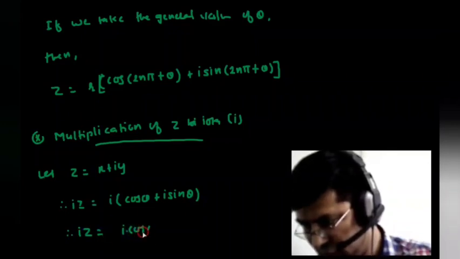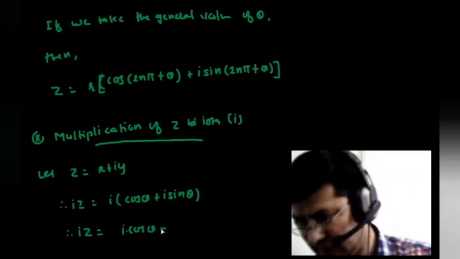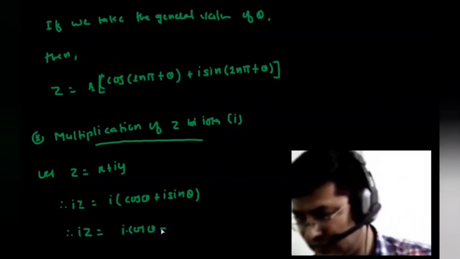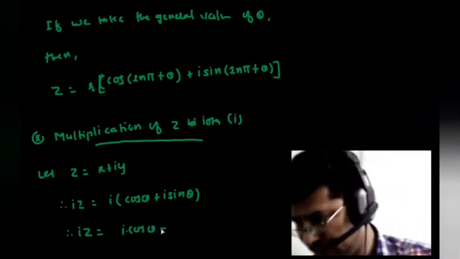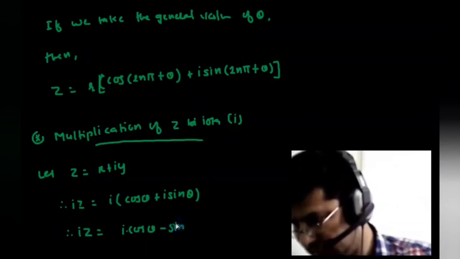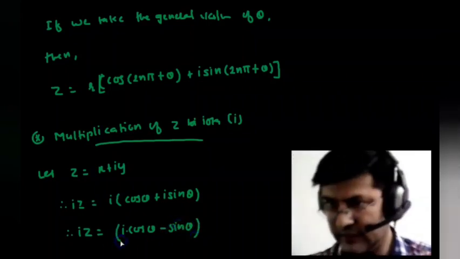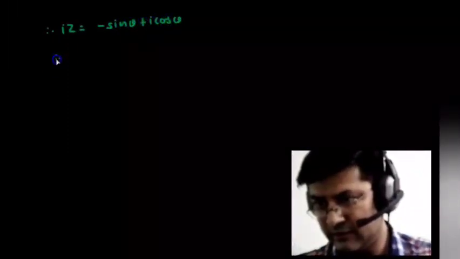Therefore iz will be given as i into cos theta minus, i into i, we know that i square has value minus 1, so minus sin theta. Therefore iz will be written as minus sin theta plus i cos theta, which can be converted in this way.